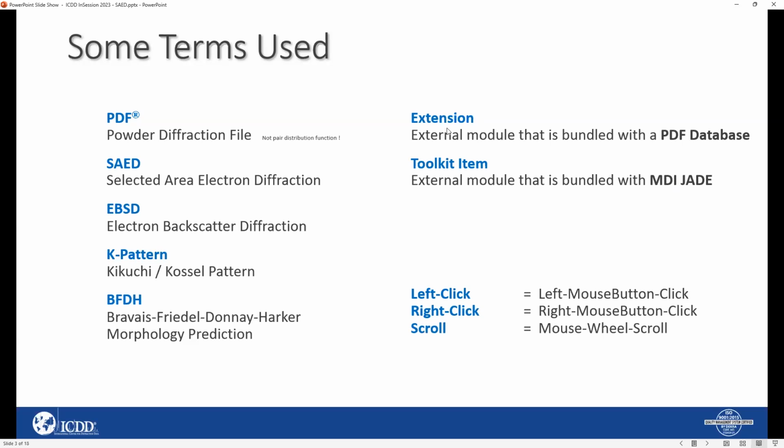Both the extensions and the toolkit items are derived from or embedded in a program called MDI TAOS, which is why several of the simulations look identical between the extensions and the toolkit items, and also the structure viewer is identical in both cases.